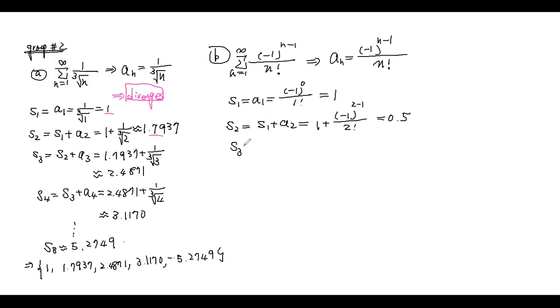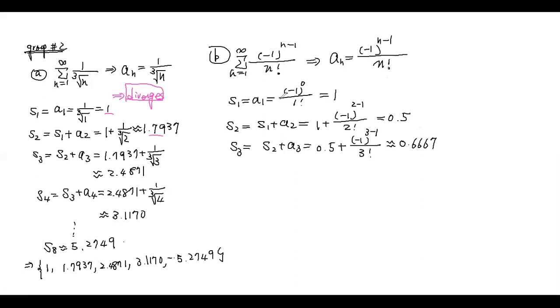So S3, just like we did before, is S2 plus A3. This is 0.5 plus 1 over 3 factorial, -1 to the 3 minus 1. So it's 0.5 plus 1 over 3 factorials, which is close to 0.666667.